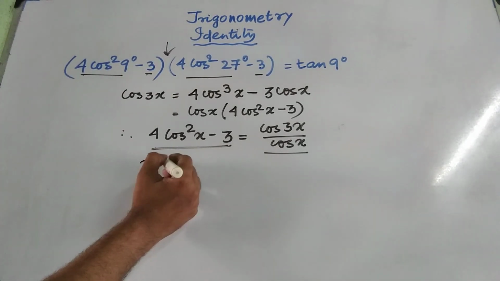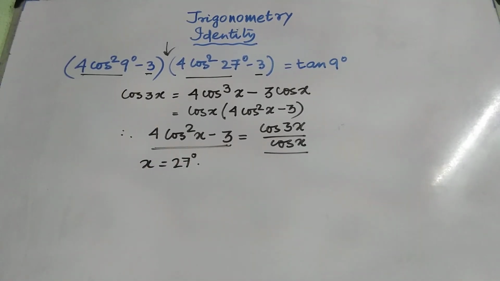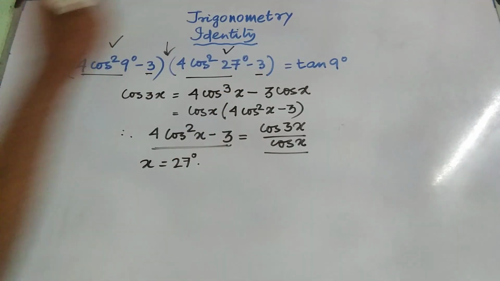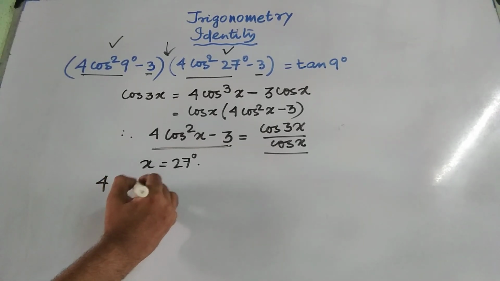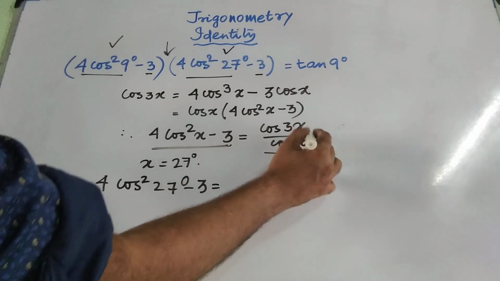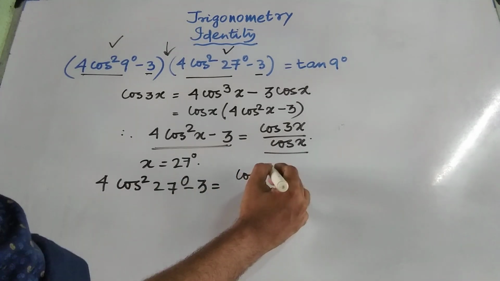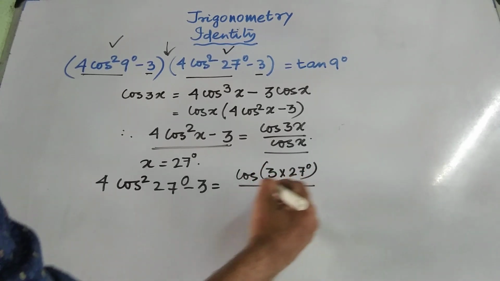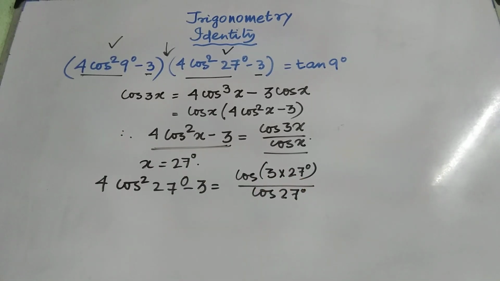Let us put first x equal to 27 degrees. So in that case, what will happen? If this is the first expression and this is the second expression, then my second expression will become 4 cos² 27° minus 3, which, as per my formula derived in the upper line, is basically cos 3 into 27°, that is cos 3x, whole divided by cos 27°, right?